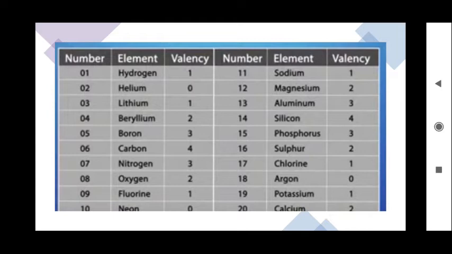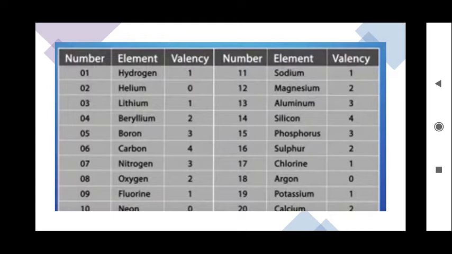Here I have given some elements and their valency. The atomic number is in the first row. Hydrogen has atomic number 1, helium 2, lithium 3, beryllium 4, and it goes on, and the corresponding valency is also given. As you see, almost all the elements have valency varying from 0 to 1.